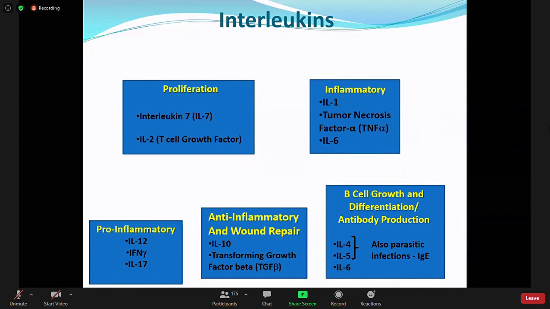These are IL-4, 5, and 6. Notice here, though, that IL-6, even though it has an important role in isotype switching, also has an important role in the inflammatory response. So this is a reflection of its pleiotropic effect.